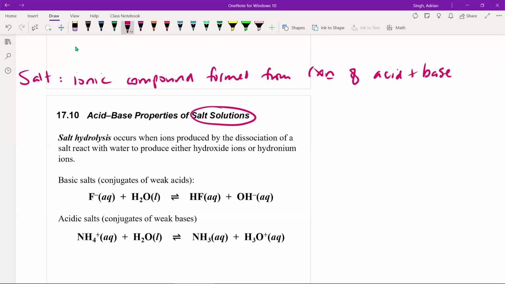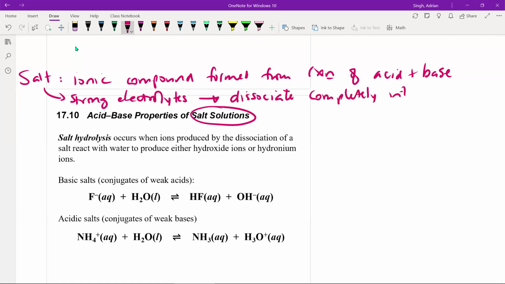Salts generally are strong electrolytes, and what that means is that in aqueous solution, they will dissociate completely into ions. That's the assumption that we're making when we look at this section. So they dissociate completely into ions in aqueous solution, meaning when dissolved in water.